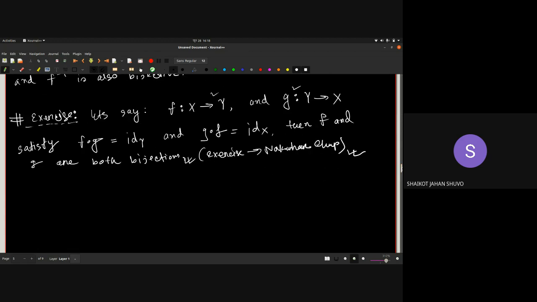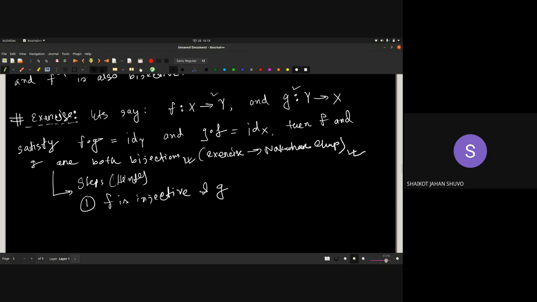And the ones that you will find, they prove things with special cases. So if you do that, then I will have nothing to say. So try to do this, and it's more like a general statement. Here are your steps, or hints. First, try to prove that f is injective and g is surjective.